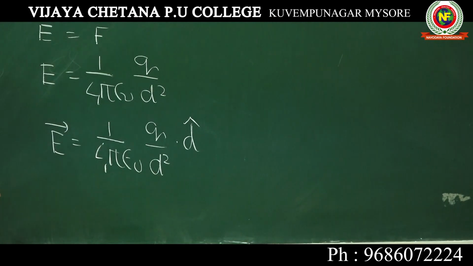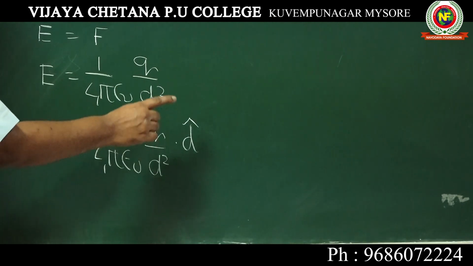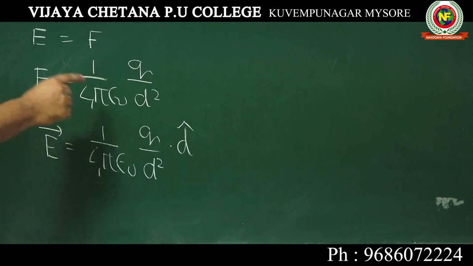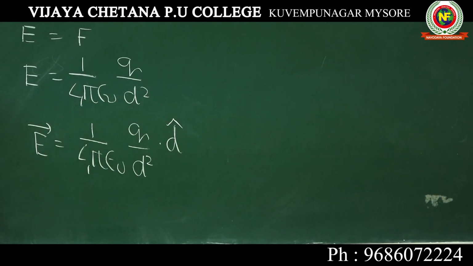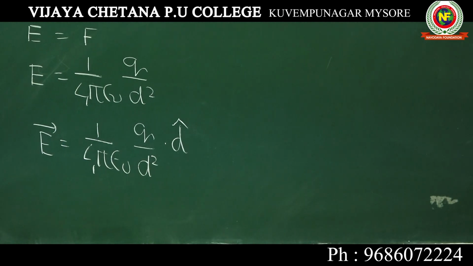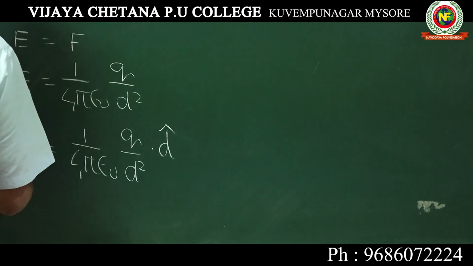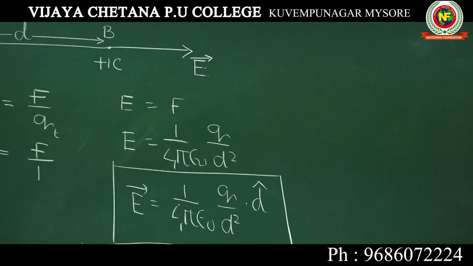Whenever I know the magnitude, if I multiply it by a unit vector in that direction, what is the direction of d cap here? Direction of d cap is like this. It is along E. So if I multiply the magnitude by a unit vector in that direction, I get the vector form. So vector form of the electric intensity is this.